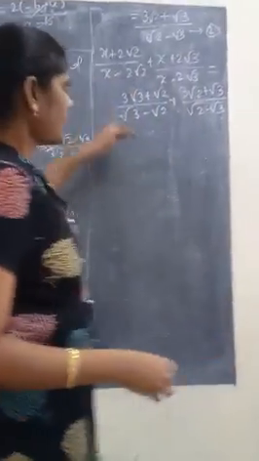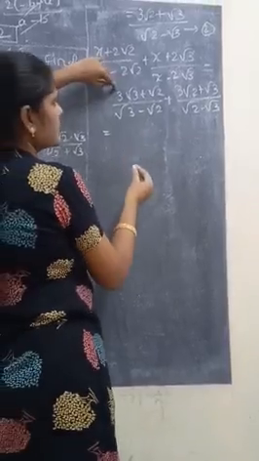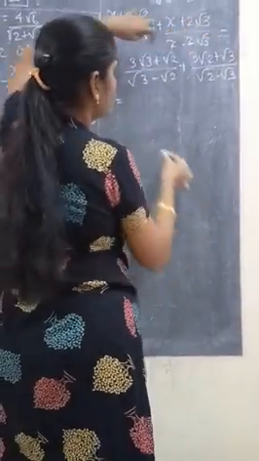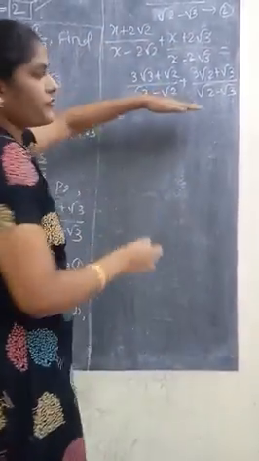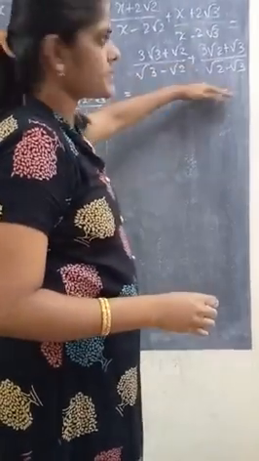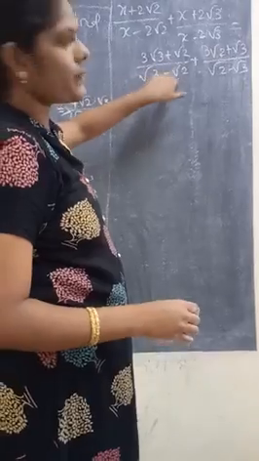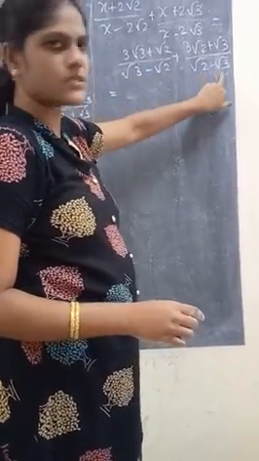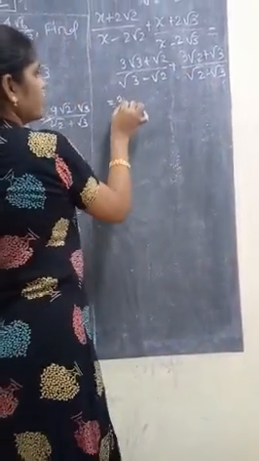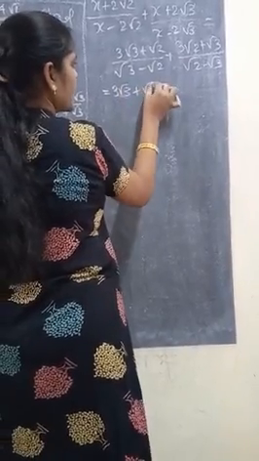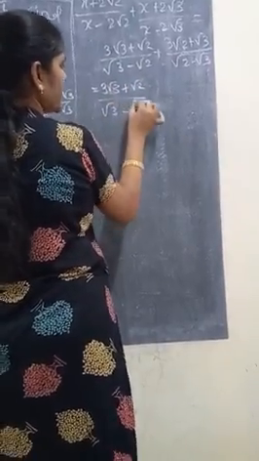Next add this. Listen, for adding this, we need the denominator to be the same. The denominator we have root 2 minus root 3. Here we have root 2 minus root 3. So 3 root 3 plus root 2 divided by root 3 minus root 2.